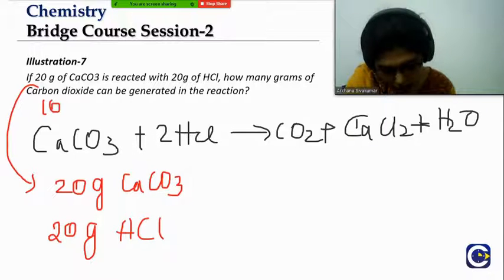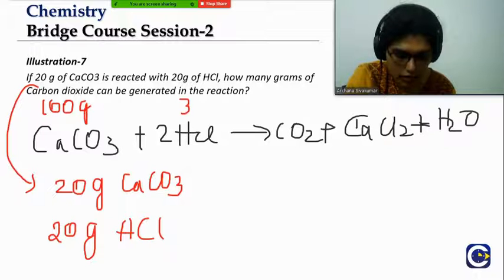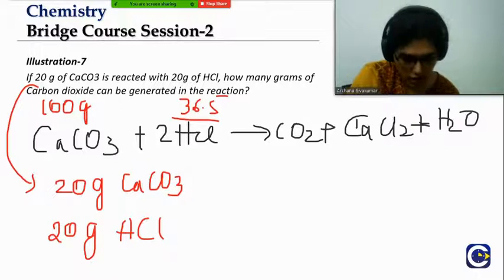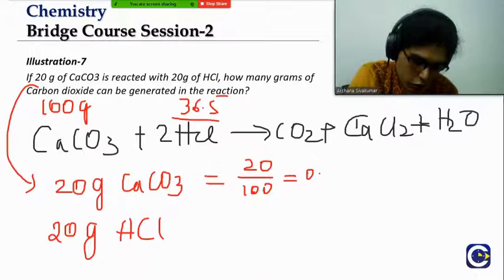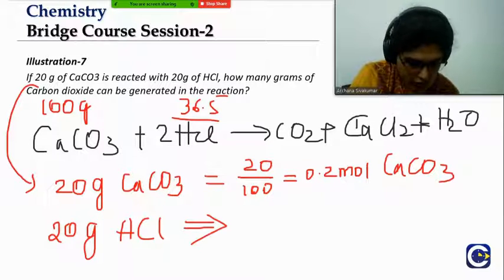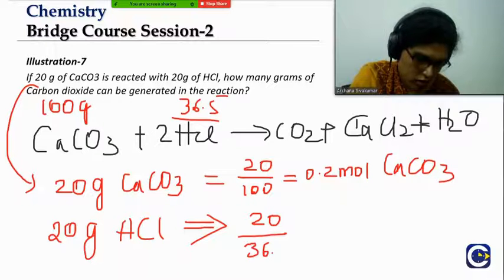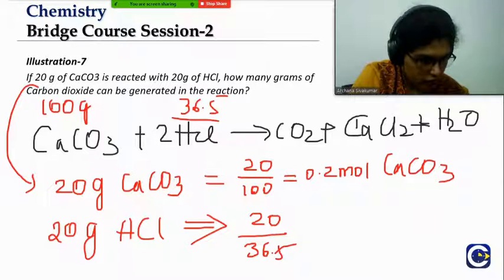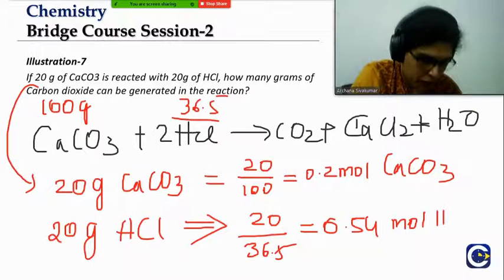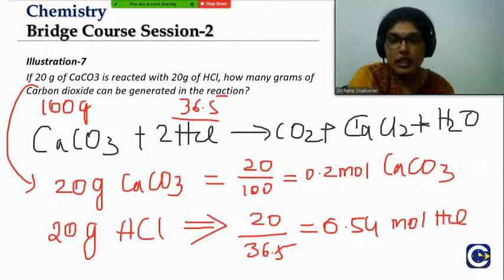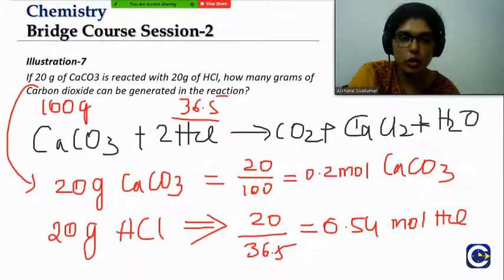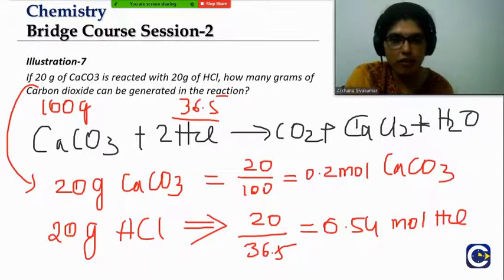The molar mass of CaCO3 is 100 grams, and HCl is 36.5. So to find the number of moles, 20 over 100, I will get 0.2 moles of CaCO3. For HCl, 20 over 36.5, I'll get 0.54 mole of HCl. So 20 grams of carbonate contains 0.2 moles and HCl contains 0.54 moles.